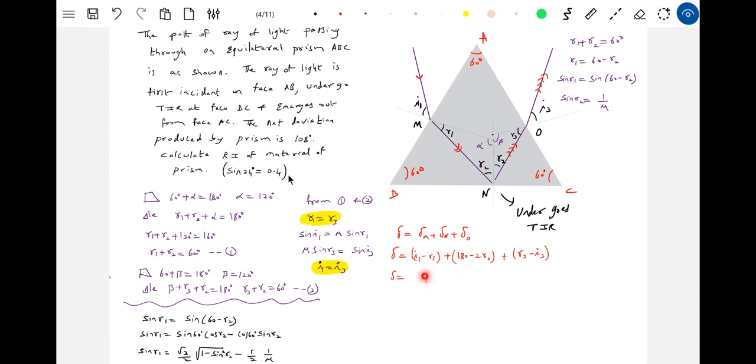I will rewrite this. Deviation will be R1 plus R2 plus 180. This one, R2 I'll split up. R1 plus R2, and another R2 plus R3, minus.